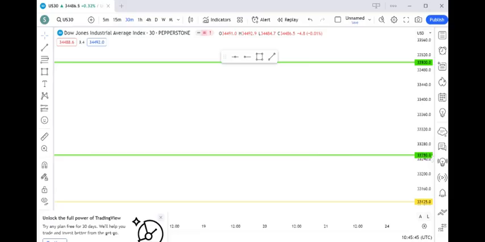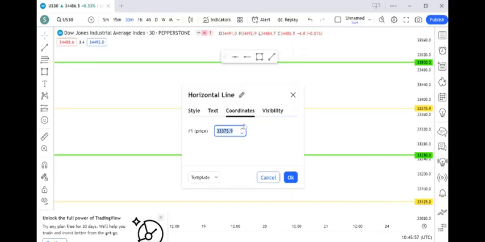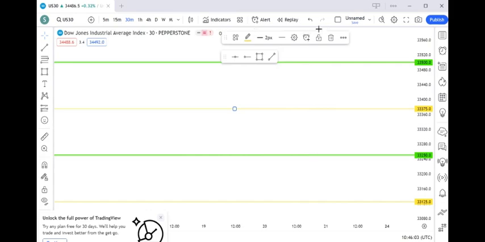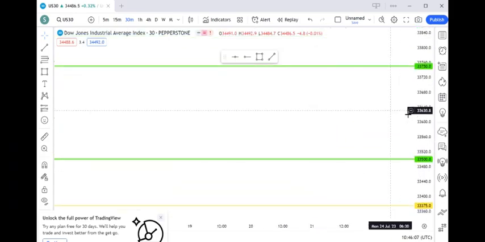Next key level, 33,250. We want 33,375. Okay, 33,500.